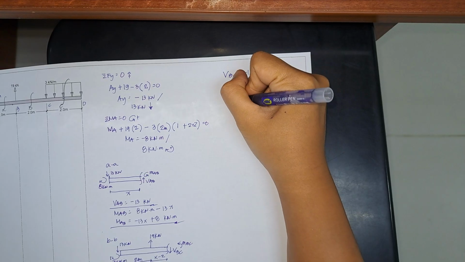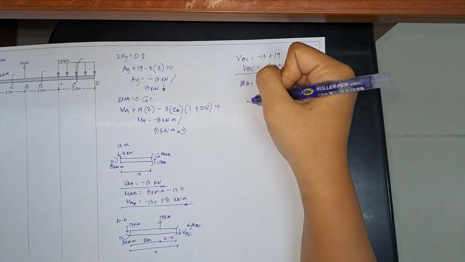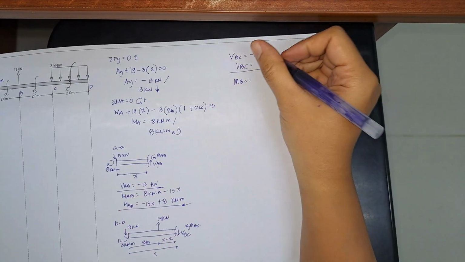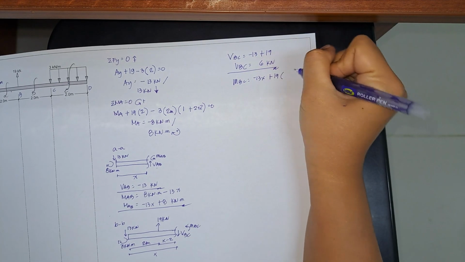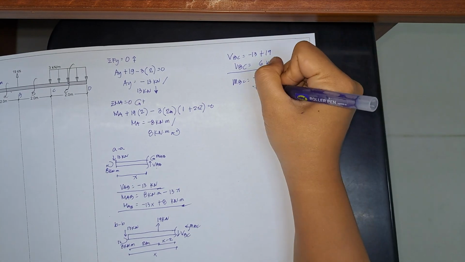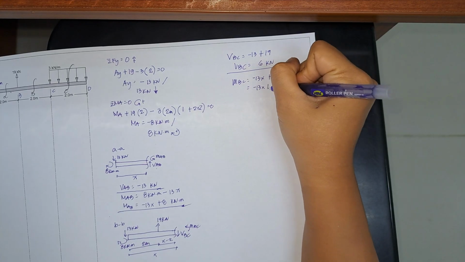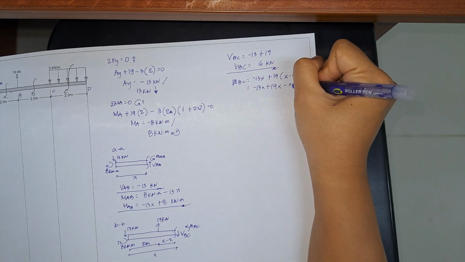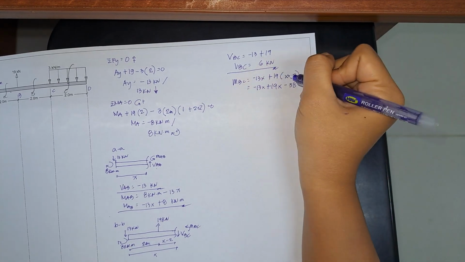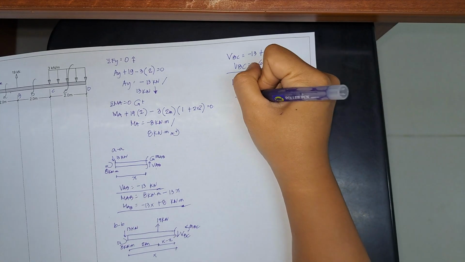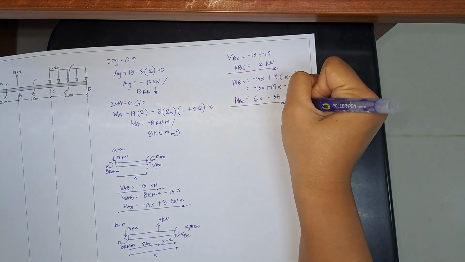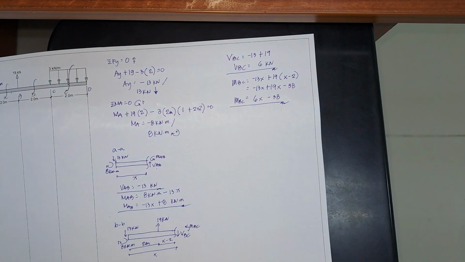And then, for moment at BC, negative 13, distance is x, plus 19, the distance is x minus 2. So, simplify, plus 19x minus 38. Combining like terms, so we have 6x minus 38. Okay, so this is now the shear and moment equation for segment BC.